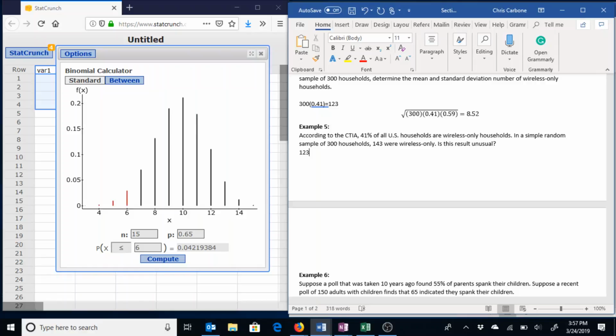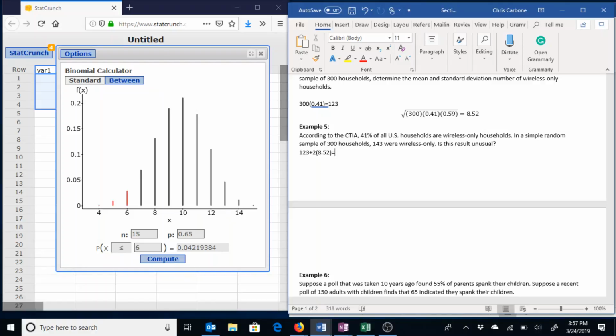You will need to check if it's greater than 123 plus 2 times 8.52. Again, for unusual values, that needs to be greater than the mean plus 2 times the standard deviation.